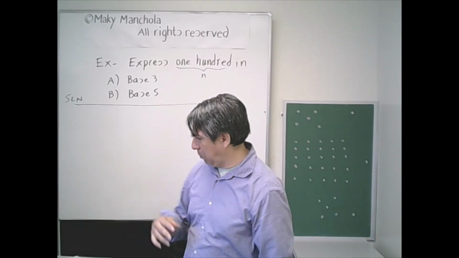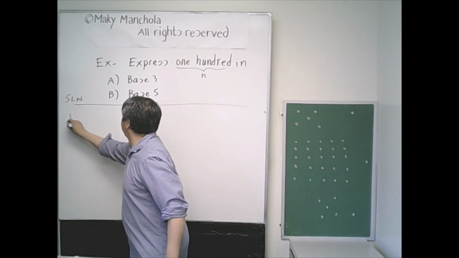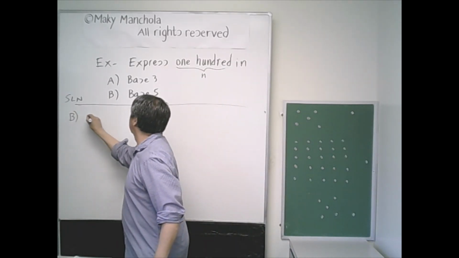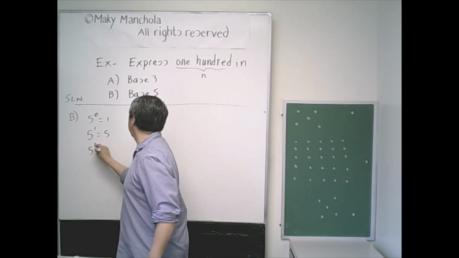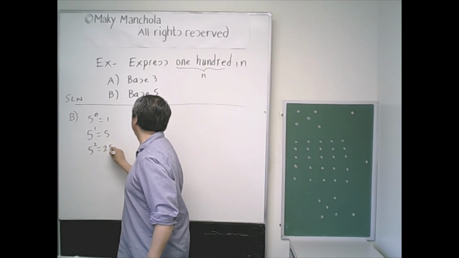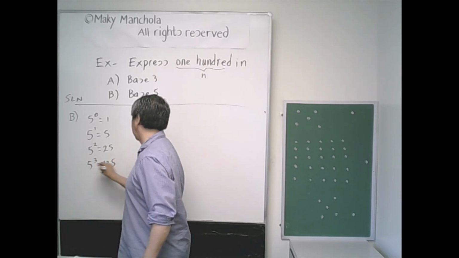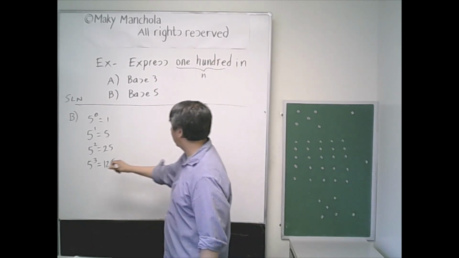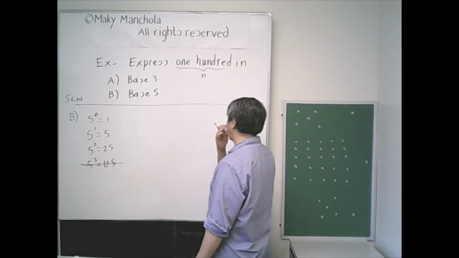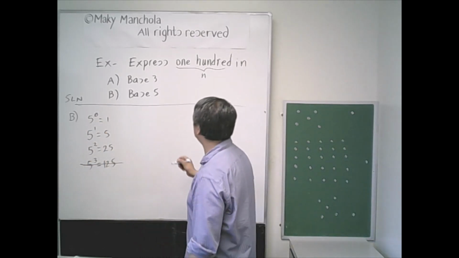Let's first find some powers of 5 to see how far we need to go. So 5 to the 0 is 1, 5 to the first is 5, 5 to the second is 25, 5 to the third is not going to happen. I'm not going to get 5 to the third in my combination because 5 to the third exceeds 100. So my combination is going to consist of 5 to the 2's, 5 to the 1's, 5 to the 0's.